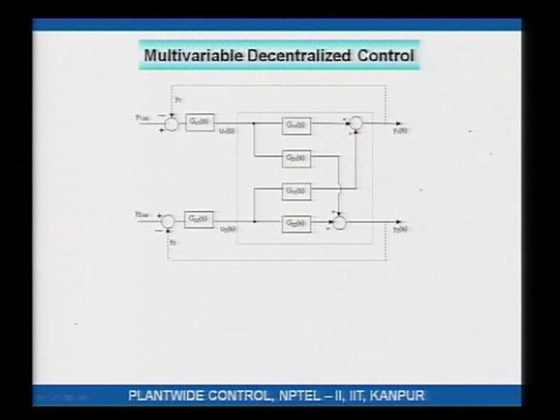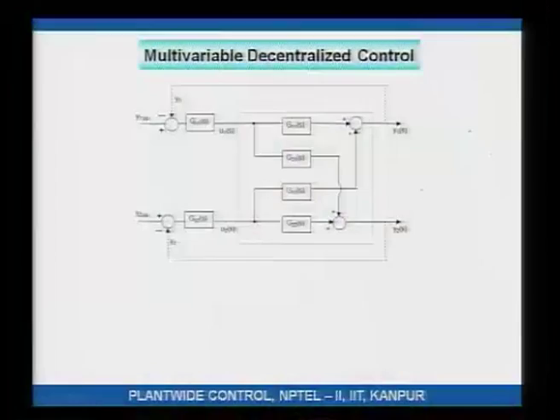Now, this is my multivariable 2 by 2 process, and what I am now doing is controlling output 1 using input 1 and controlling output 2 using input 2.